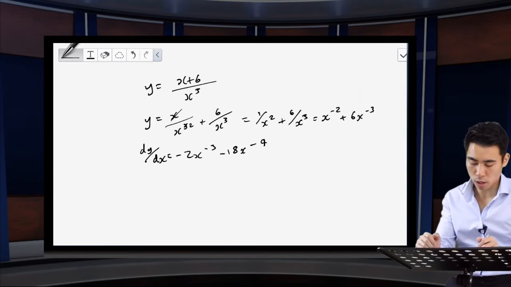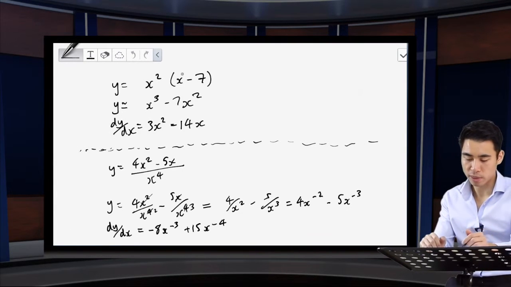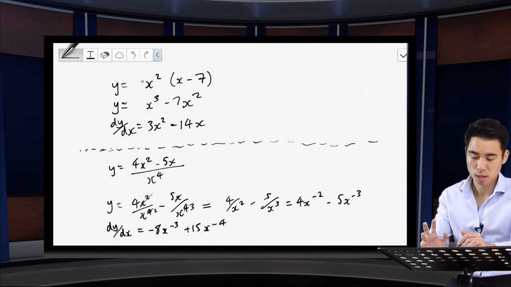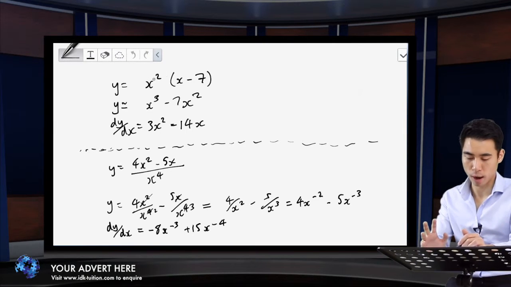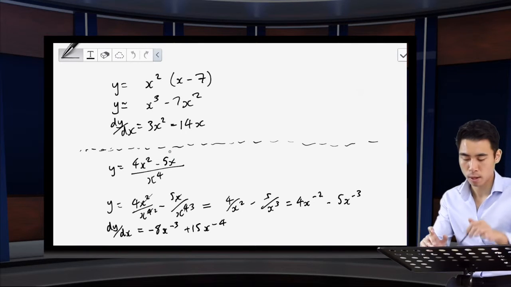So just to summarise, I looked at a few different examples here. Something like this, you should look at that straight away and think, I need to expand the brackets there. You've been doing this since year 8, year 9, when you have one term outside the brackets, two terms inside a set of brackets. You know to expand those more often than not. Here, this is new, so splitting up a fraction, you can split up the numerator if you have two terms on the top, separating them out like that.